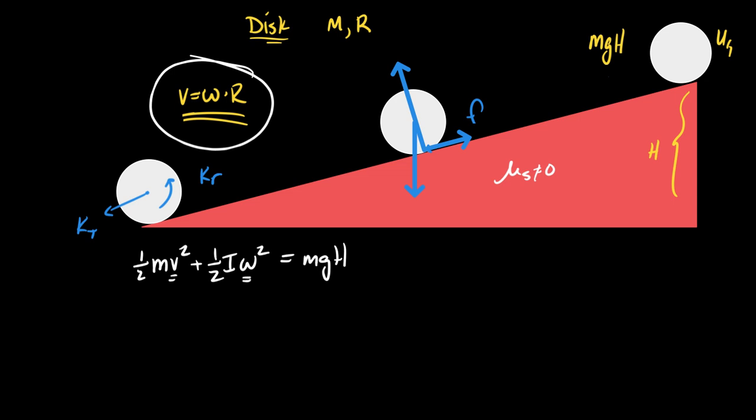So let's consider doing that work real quick. Let's put it all in terms of v. I think that's probably the most useful way to do this. So 1/2 mv squared plus 1/2 I (v over r) squared equals mgh.